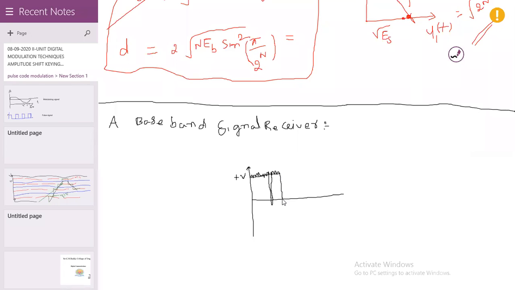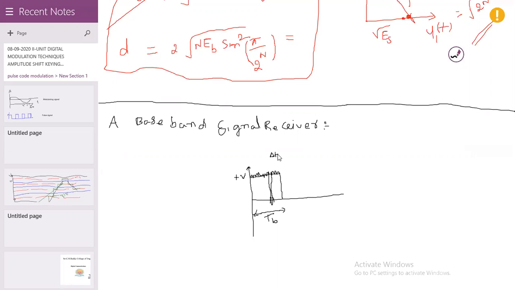This is the TB duration, and this instant is a small delta t, during which the noise can occur.